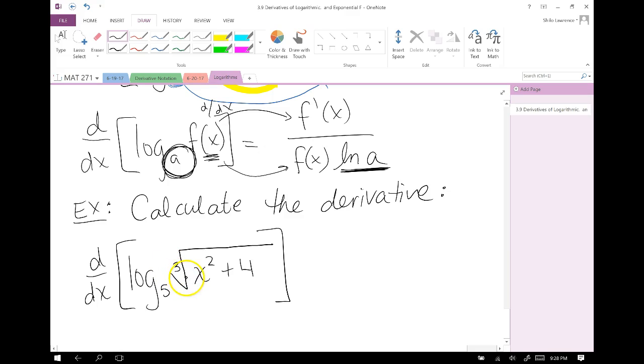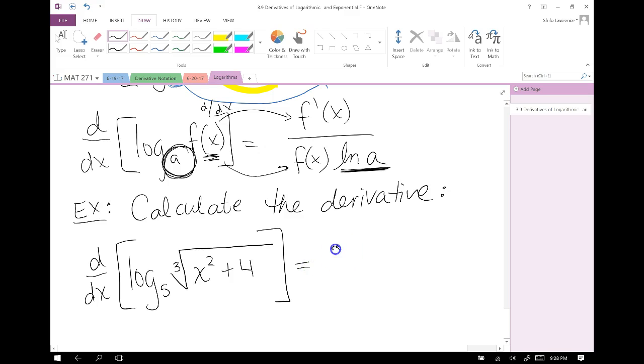So remember how you can rewrite cubed root. Anytime we can rewrite the entire expression inside of our log as a power, that power can come out front as a coefficient.